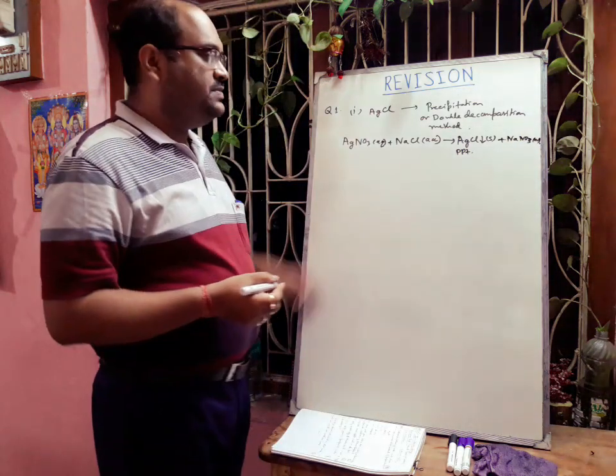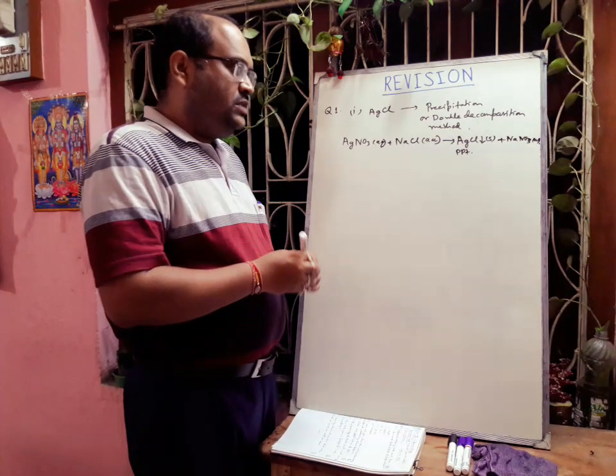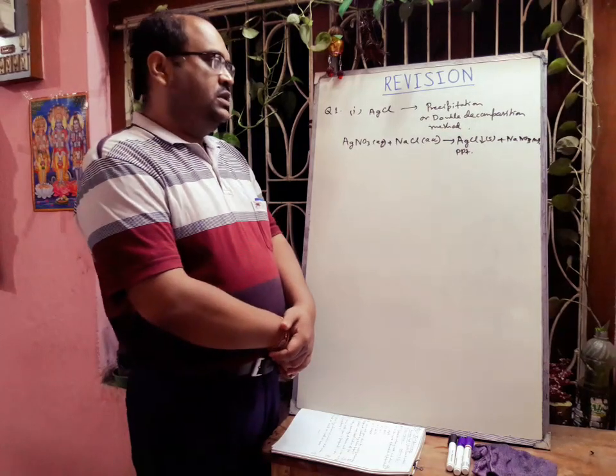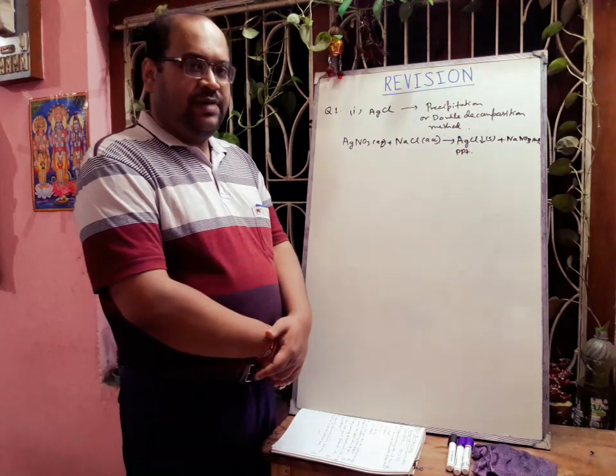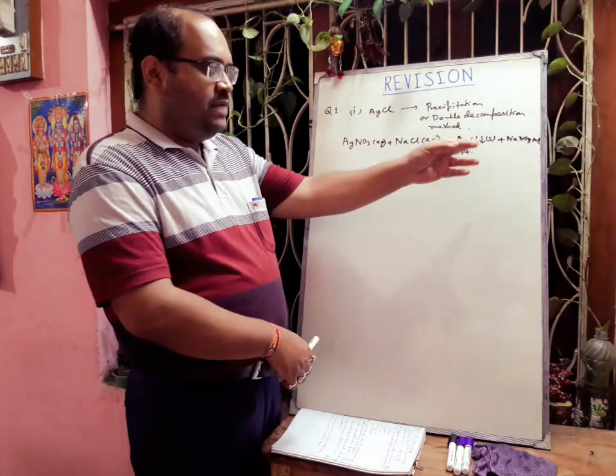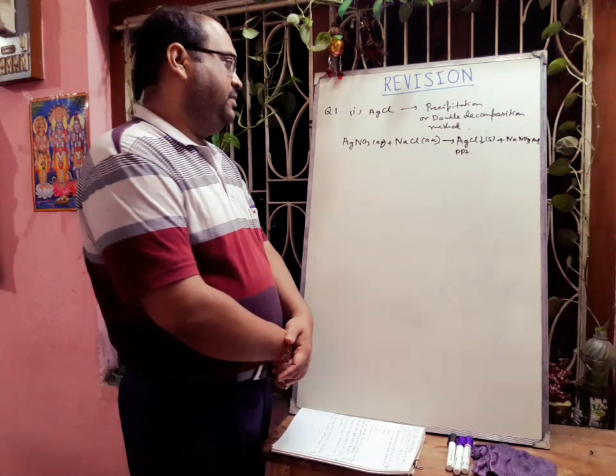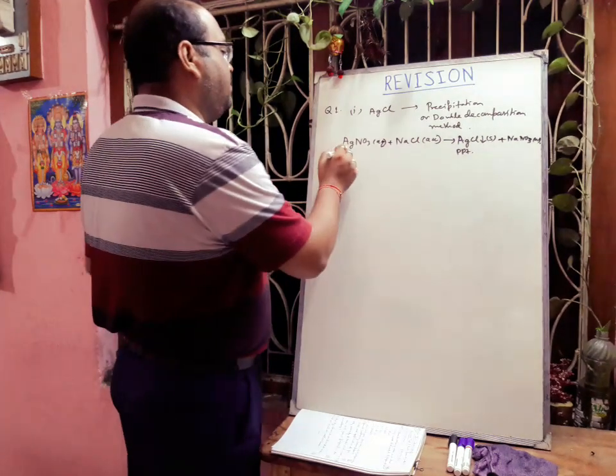So if we filter this precipitate and then dry, we can easily get the silver chloride, and sodium nitrate will be in the solution. Okay.